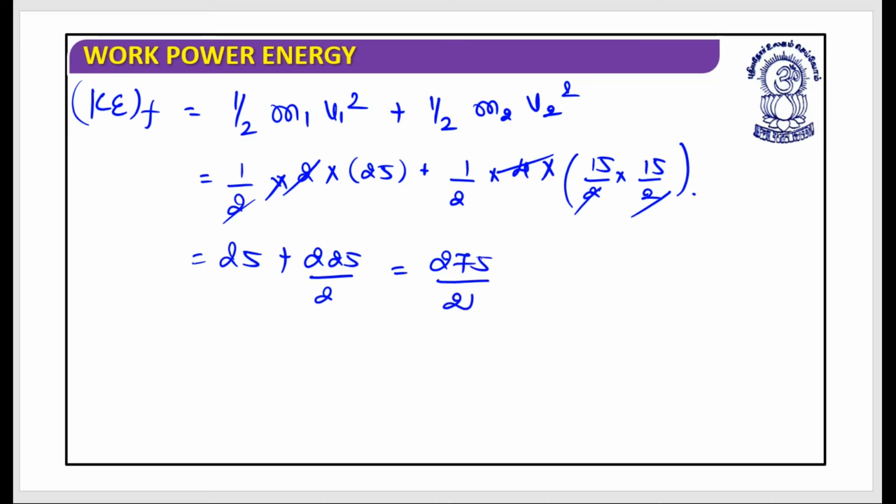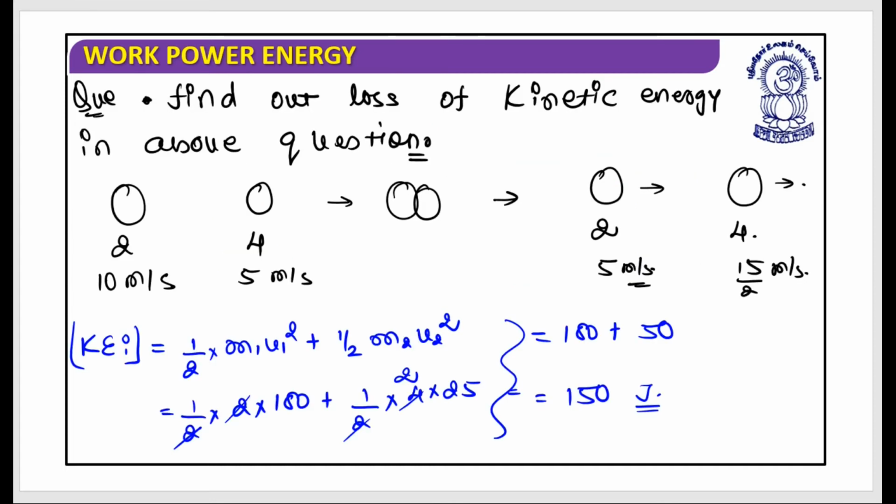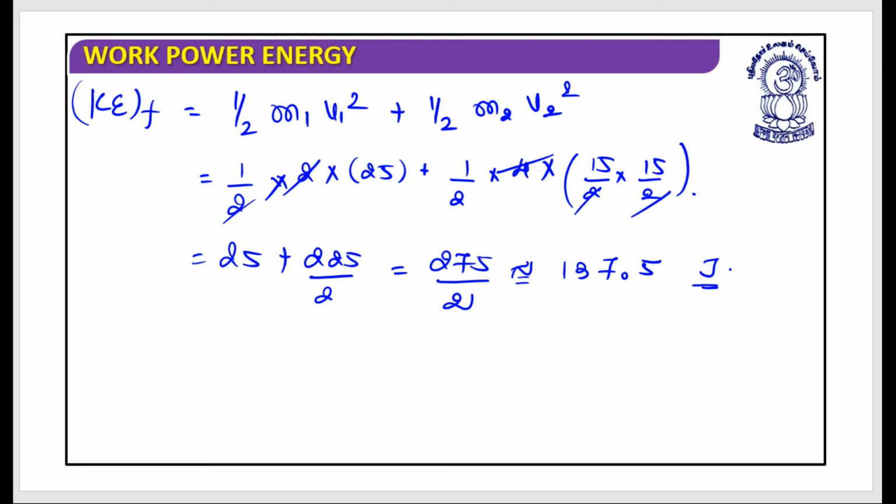And when I say 275 by 2, this is equal to 137, 37 2s are 74, yes, it's 137.5 joule. So look at this. Initially it was 150 joule. Finally it is 137.5. I want to find out the loss.